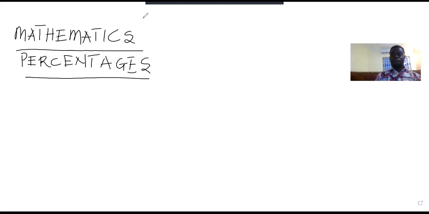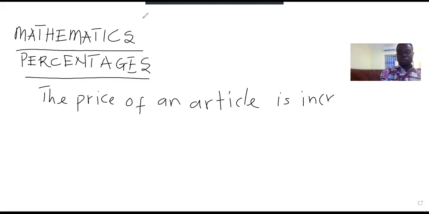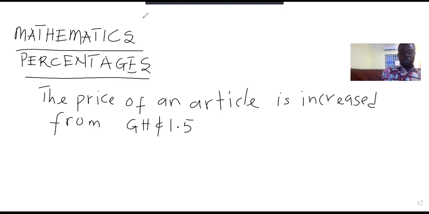So let's say the price of an article is increased from 1.50 Ghana cedis to 2 Ghana cedis.